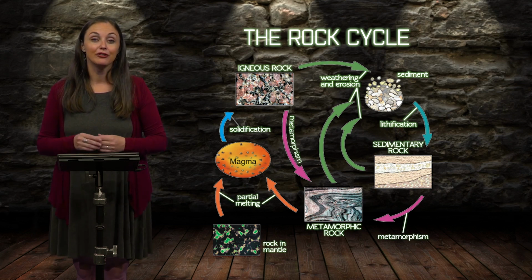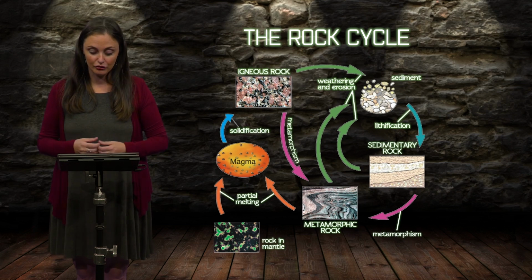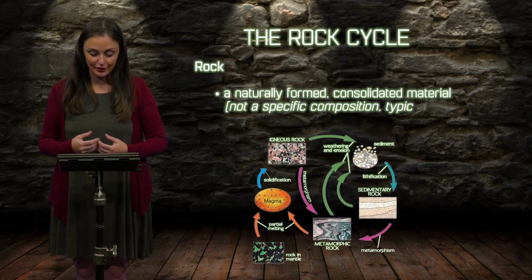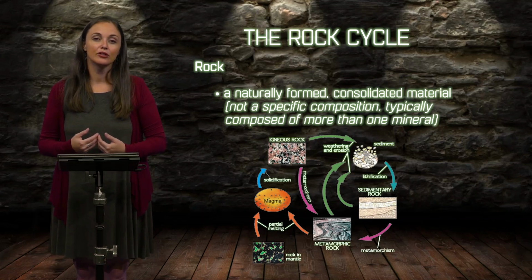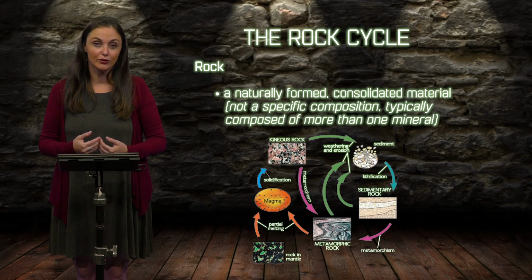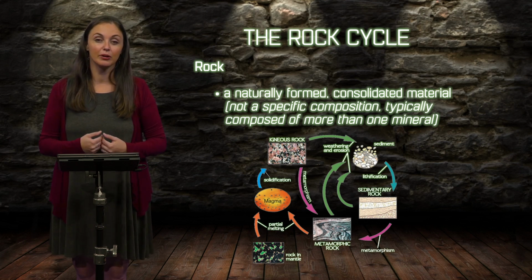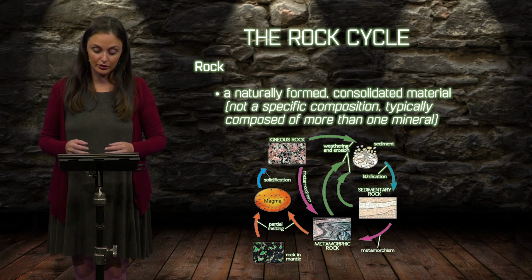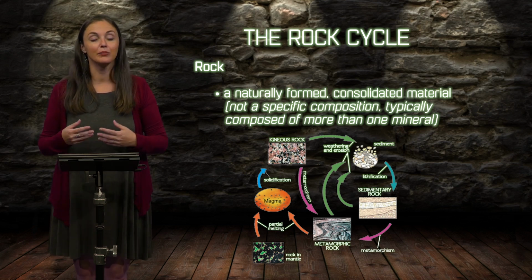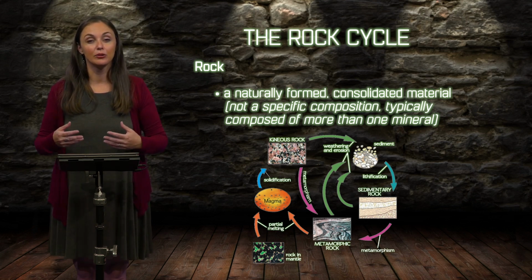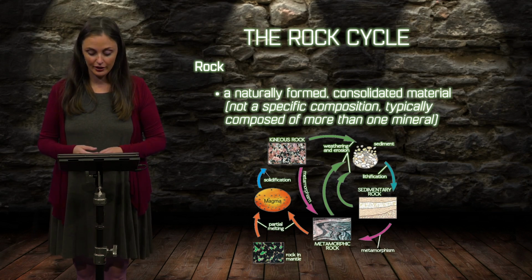So let's start with a definition of the word rock. A rock is a naturally formed, consolidated material. And the way that that differs from our very strict definition of a mineral is that it doesn't necessarily have to have a specific composition. There could be a range of compositions and a range of minerals. It's usually consolidated, and that means that there are several minerals that might make up a single rock.